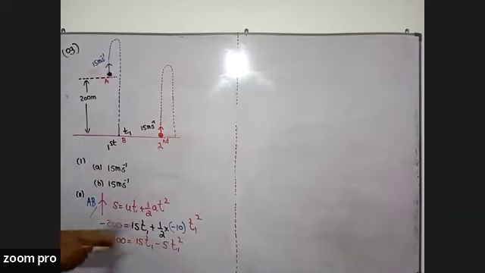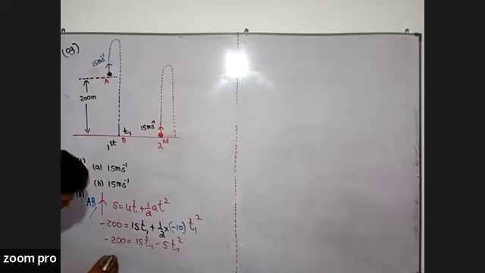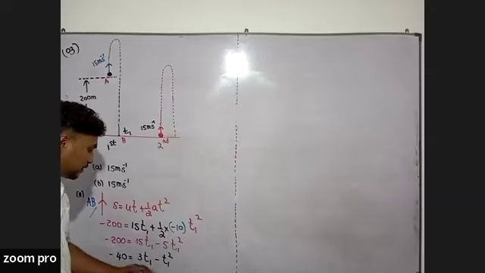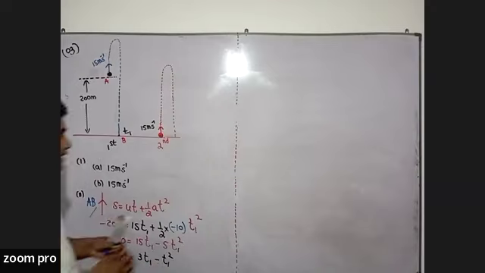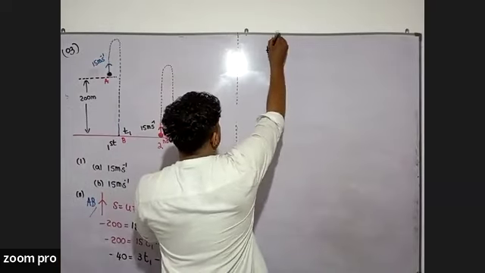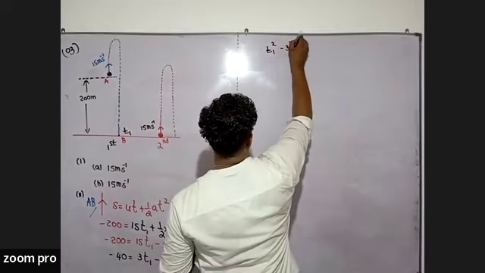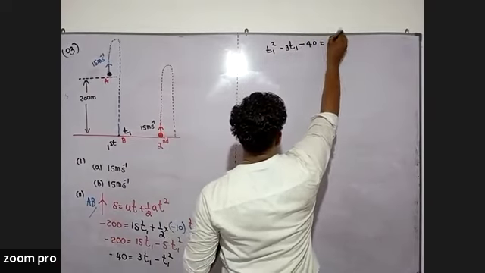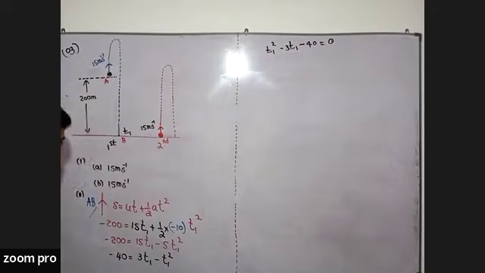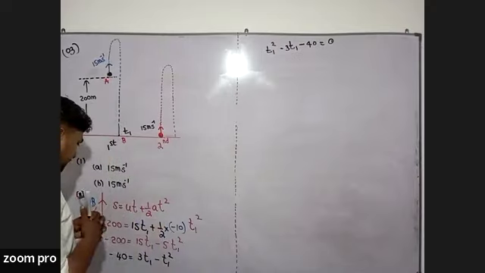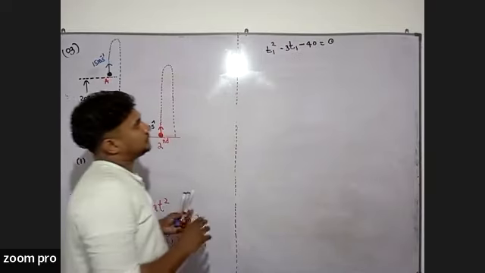So if I divide all the terms by 5, then I can obtain minus 40 equals 3 t1 minus t1 squared. It's better to arrange this quadratic equation with a positive coefficient of the squared term, right? So let's take these two terms to the other side. Then it's converted to t1 squared minus 3 t1 minus 40 equals 0. Right? Then let's find the factors.